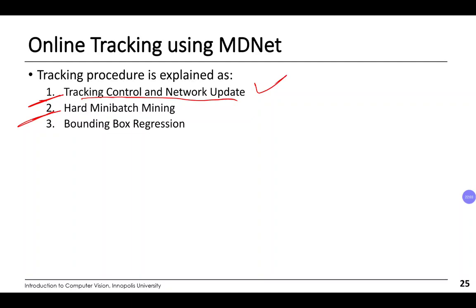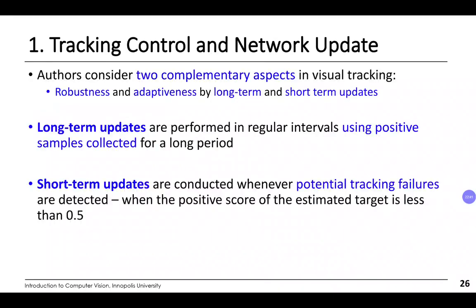We are using stochastic gradient descent, and this is not good for a situation where you have few negative training examples that are very trivial. I am going to explain what hard mini batch mining is. Maybe some of the students already know it and use it in their semester project, and it is one of the very nice ways to get more discriminative power in our convolutional neural network. And third is the bounding box regression. So first let's see tracking control and network updates.